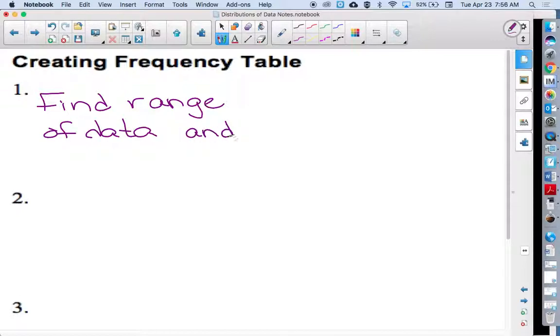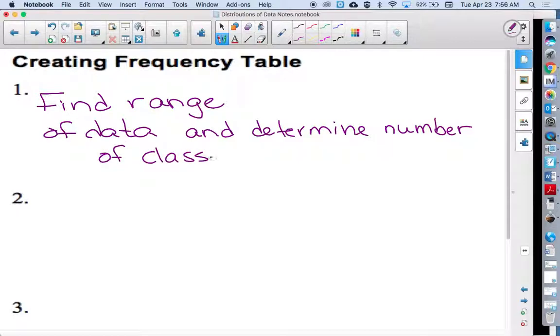And then we also have to determine the number of classes. A class is considered an interval. So how many bars are we going to have on the chart? That's called a class or an interval.